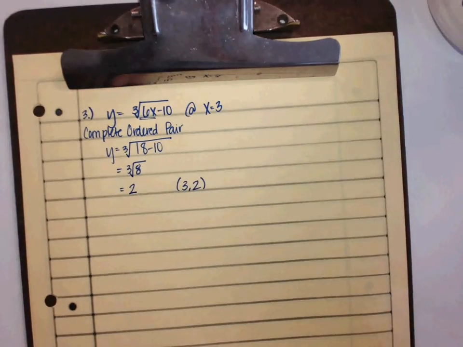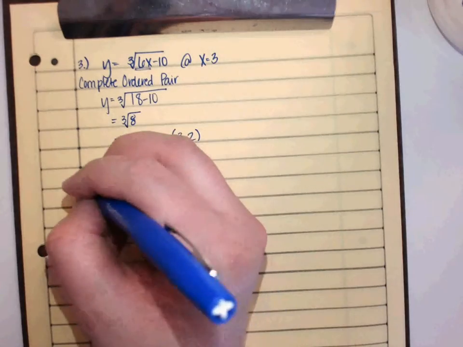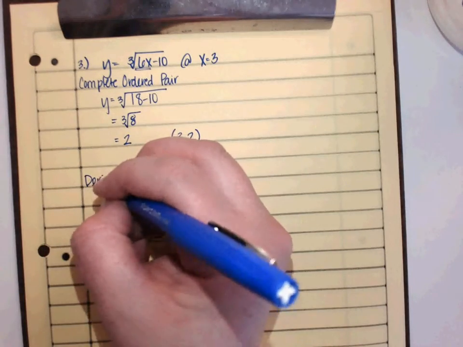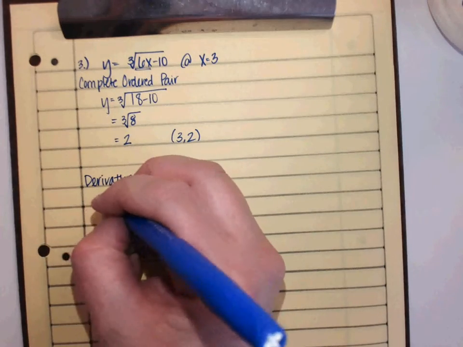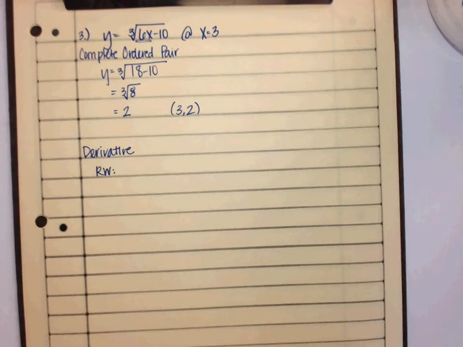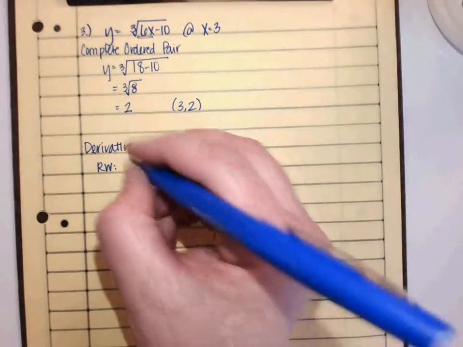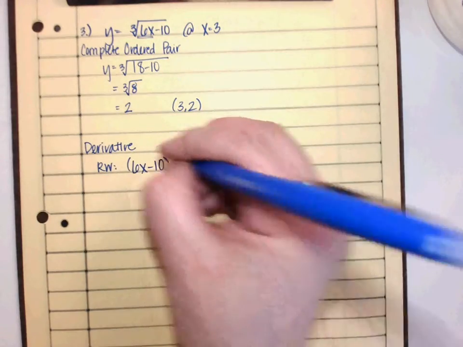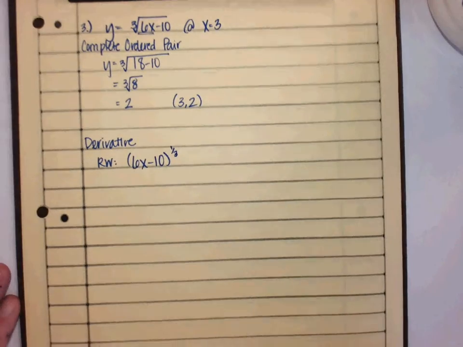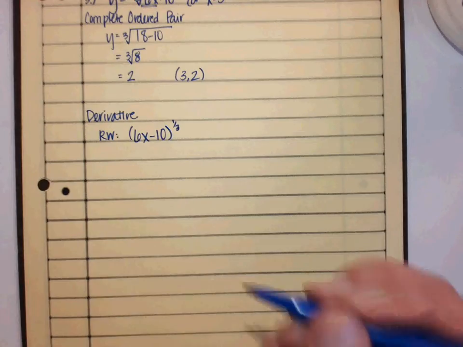Okay, next step, I take the derivative. Okay, when I take the derivative, I'm going to need an RW. What's that stand for? Rewrite. What's a cubic root the same as? Not a half. 1/3. A third. So that's a 6x minus 10 to the 1/3. Okay, so take the derivative.